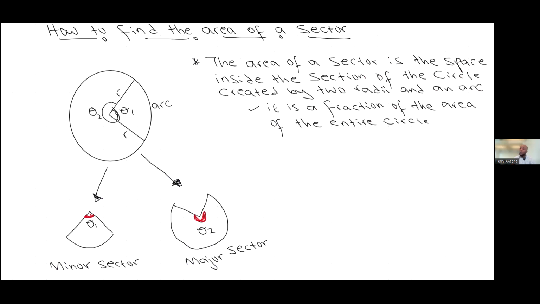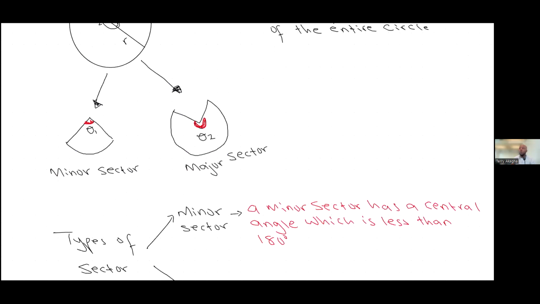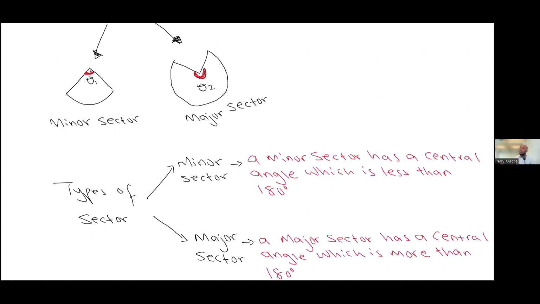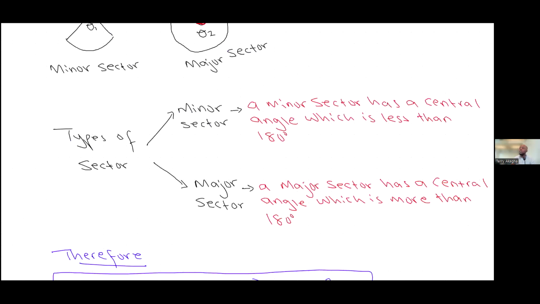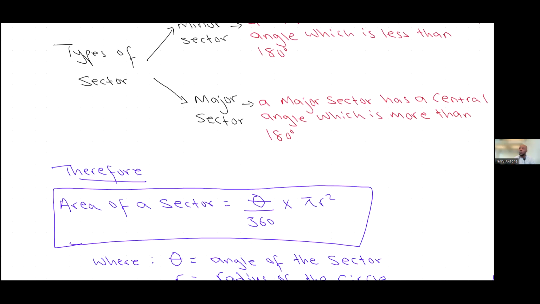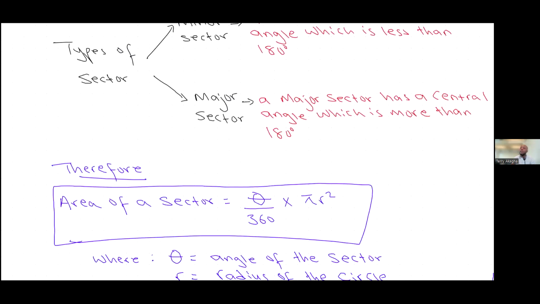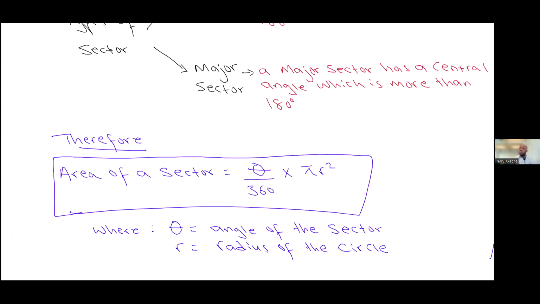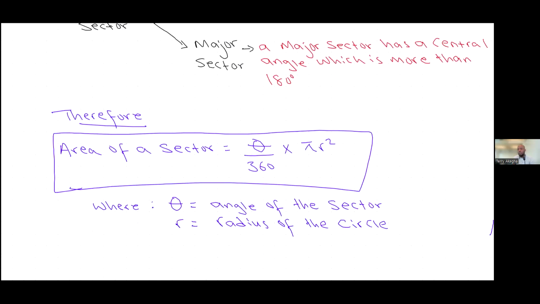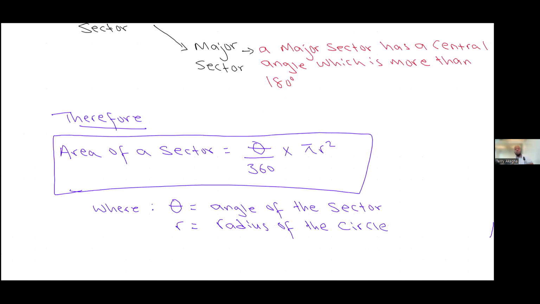You have two sectors, a minor sector and a major sector. The minor sector has a central angle less than 180, while the major sector has a central angle more than 180. And the area of a sector is theta over 360 times pi r squared, where theta is the angle of the sector and r is the radius of the circle.